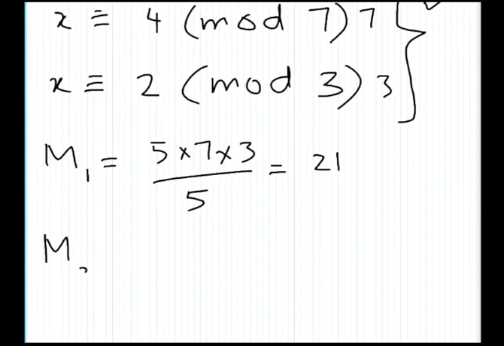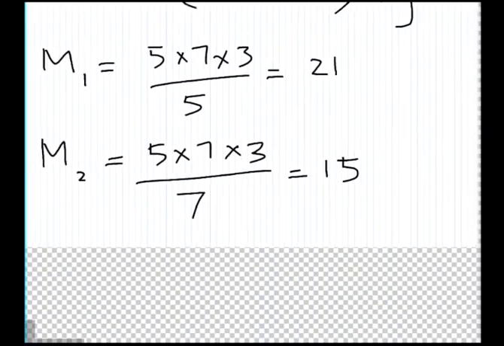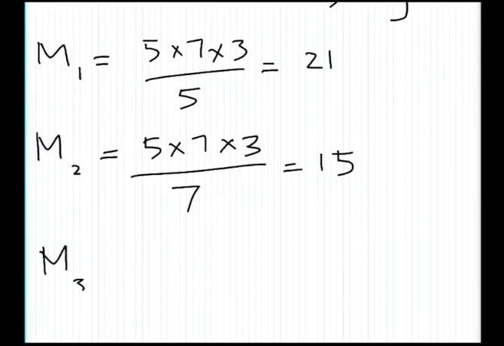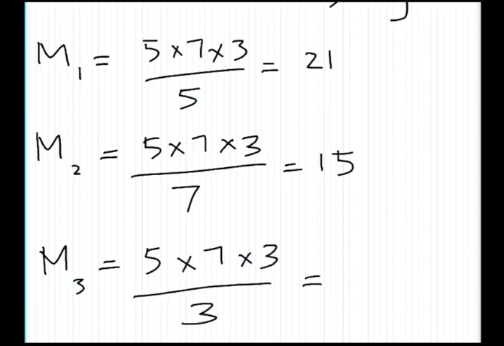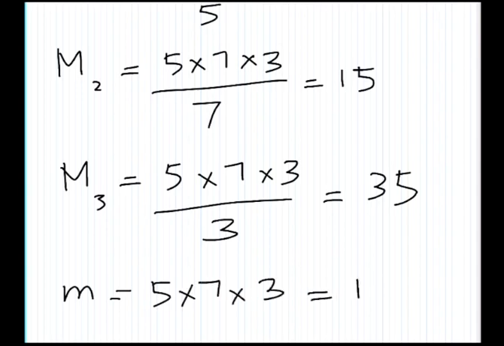So m2 is equal to 5 times 7 times 3 divided by 7, which is equal to 15. Then m3 is equal to 5 times 7 times 3 divided by 3, which is equal to 35. And by the way, our capital M is just 5 times 7 times 3, which is equal to 105.